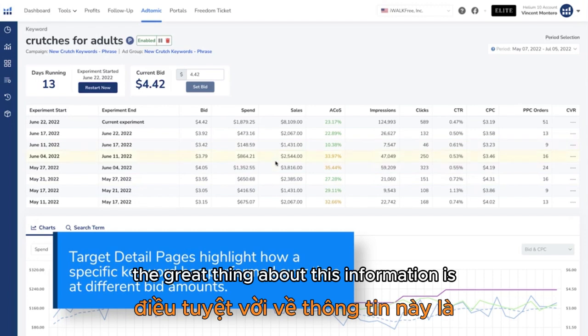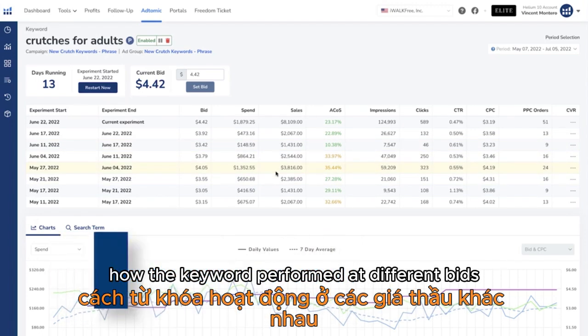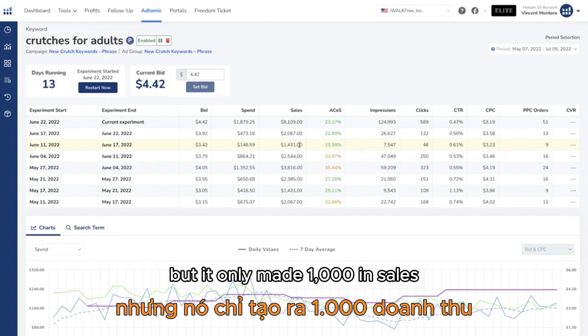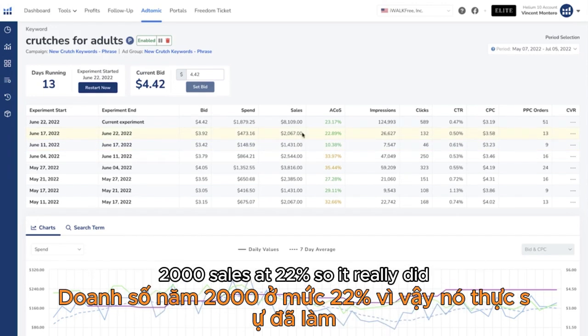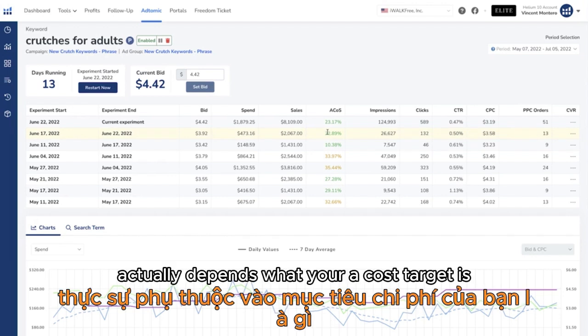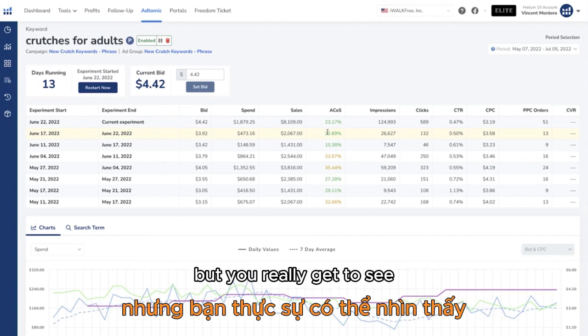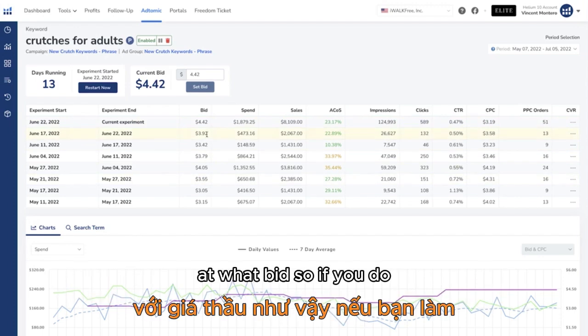The great thing about this information is it really shows you over time how the keyword performed at different bids. So if we look over here, one of the lower ACOSs is 10%, but it only made 1,000 in sales. So we might want something closer to this one here, 2,000 sales at 22%. So it really actually depends what your ACOS target is and what your strategy is at the time. But you really get to see how this particular keyword did in this one campaign at what bid.